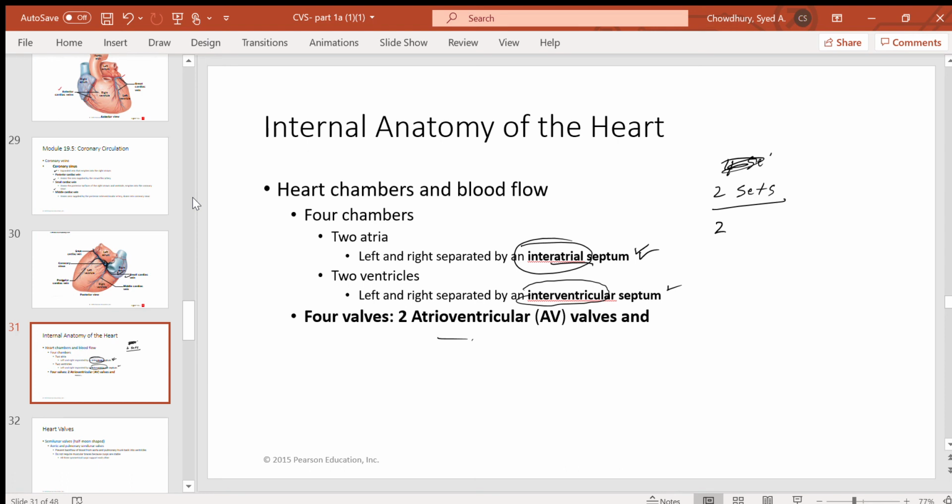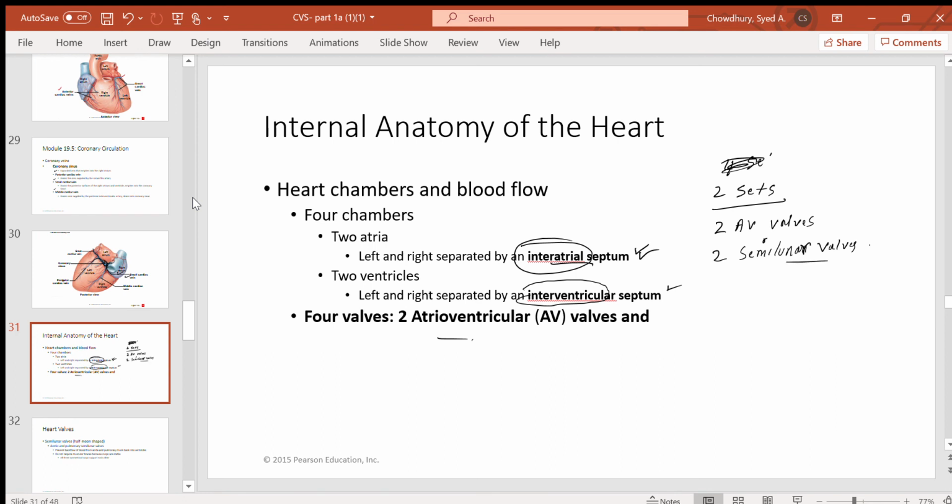Okay, 2 atrioventricular valves and 2 semilunar, half moon lunar valves.